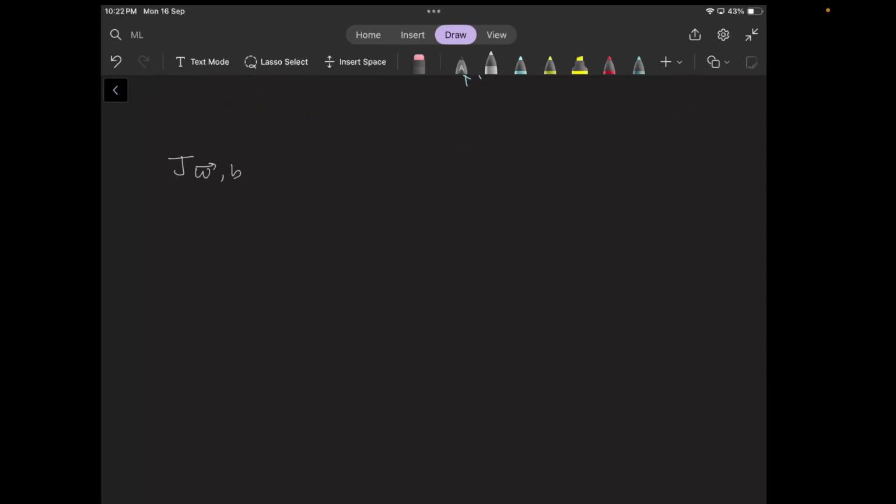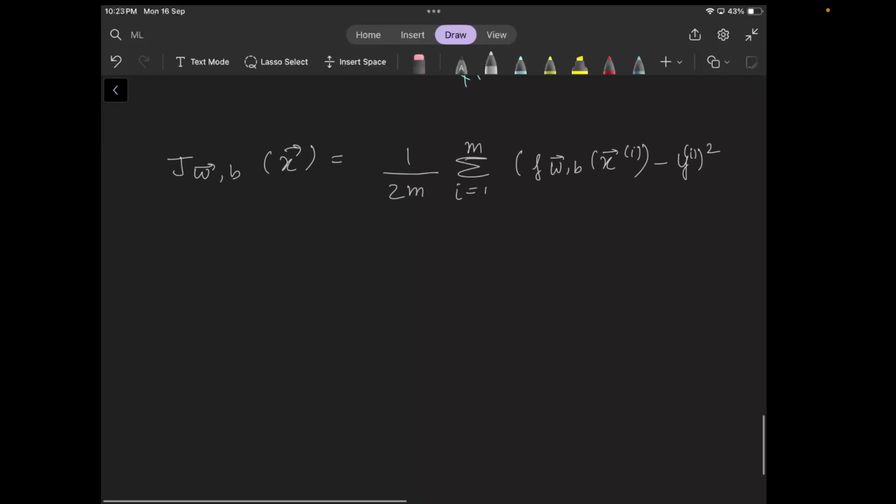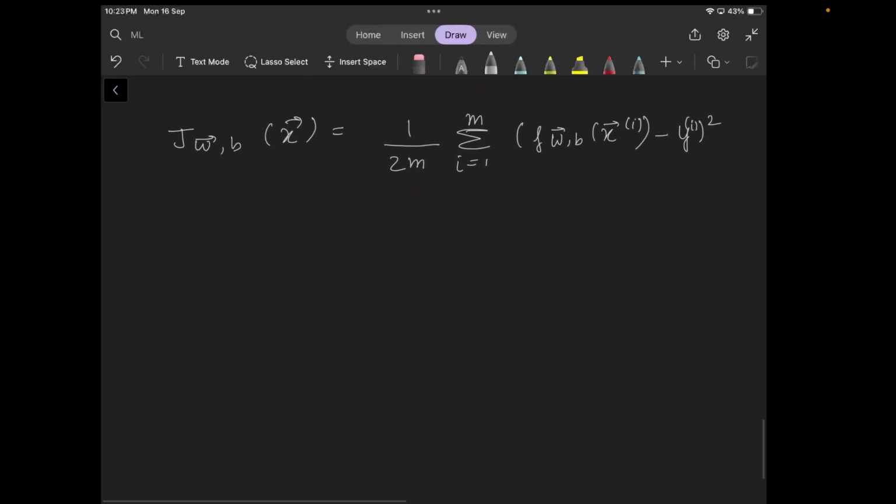for linear regression, the cost function was 1 over 2m. So this was the cost function for linear regression.